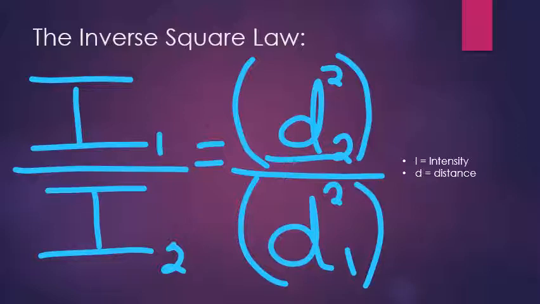I want you to keep in mind here that on the intensity side, we're starting out with intensity 1. On the distance side, we're starting out with distance 2. That's what makes it inversely proportional.